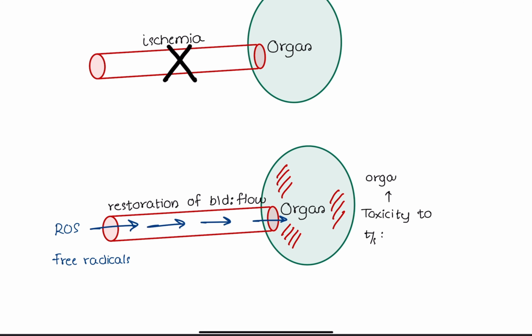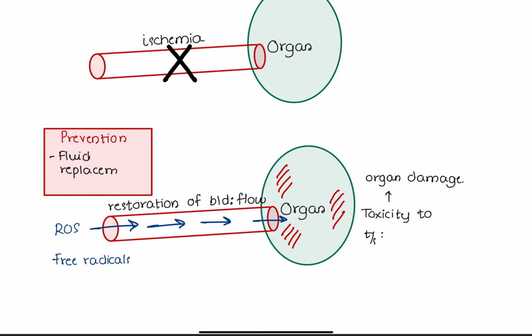Therefore, reperfusion itself may paradoxically cause further organ damage. This can be prevented by giving fluid replacement immediately after decompression, so that the body is able to eliminate or wash out the excess-free radicals.